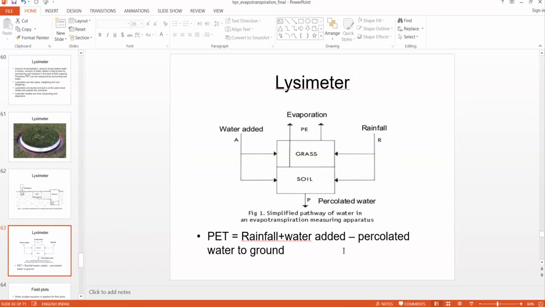You see, this is the flow chart. A soil fully covered with grass. There is transpiration from the grass, and water is added manually as well as by rainfall, and there is percolated water. So when this soil is at field capacity, we can get potential evapotranspiration equal to rainfall plus water added manually minus percolated water to the ground.